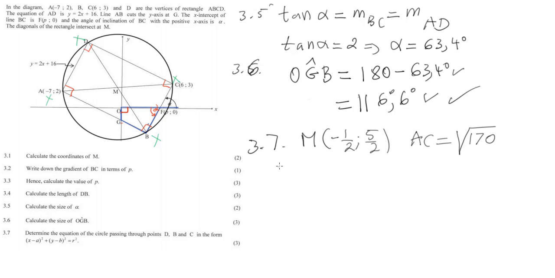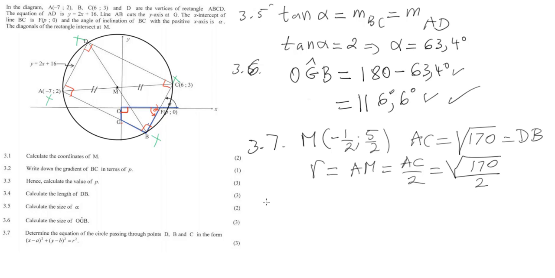Because this is equal to the distance DB, the distance from the midpoint to here will be equal. So here will be the middle. Now we need the radius. The radius will be half of this, so AM is equal to AC divided by 2, so it will be the square root of 170 divided by 2.